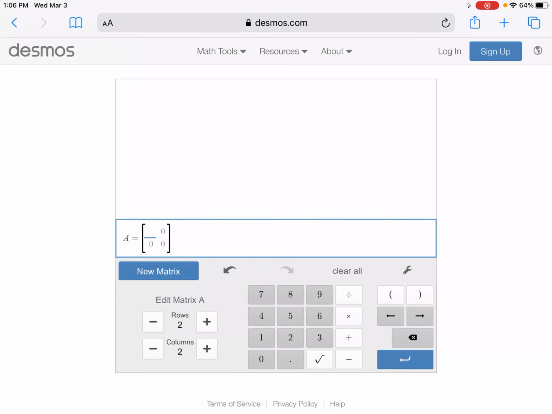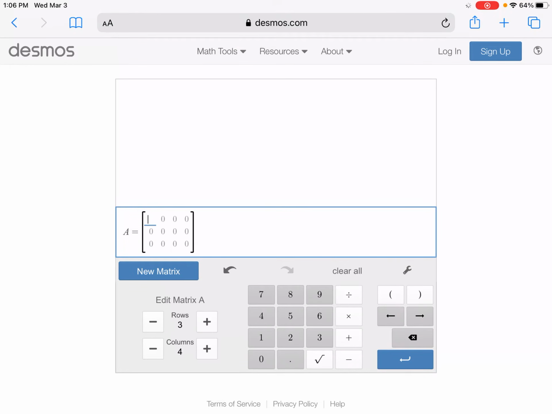So I'm going to do a new matrix. I'm going to make it 3 rows and 4 columns. And I'm going to put the coefficients. So it'd be 1, negative 1, 2, negative 3, and then 2, 1, negative 1.